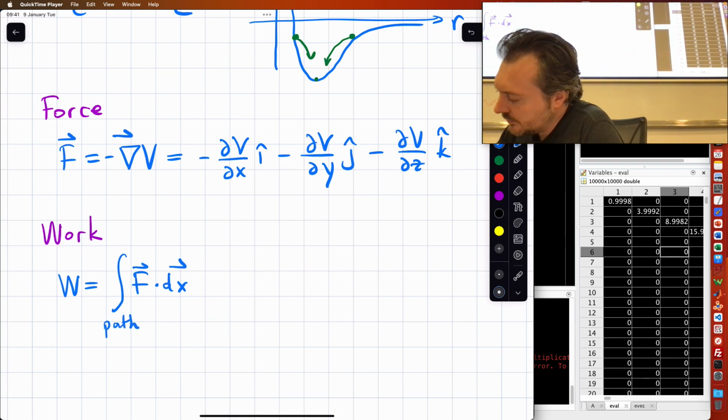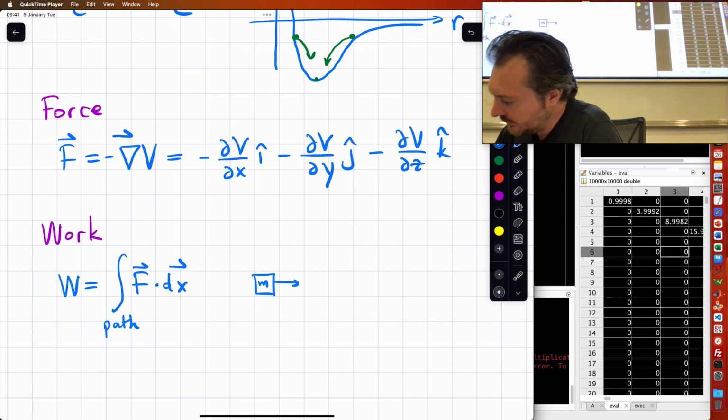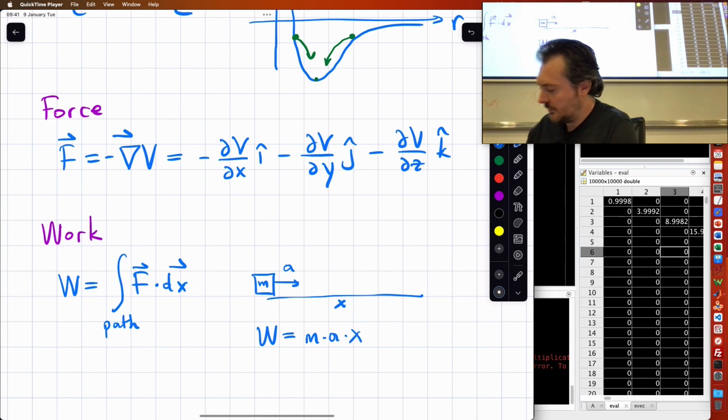Like for example, I have a mass of m and I'm moving it with an acceleration a, let's say, over a distance x. What is the work done? Mass times acceleration, which is force, times x. That's the amount of work that is done on this object.